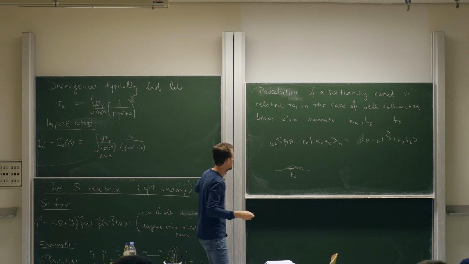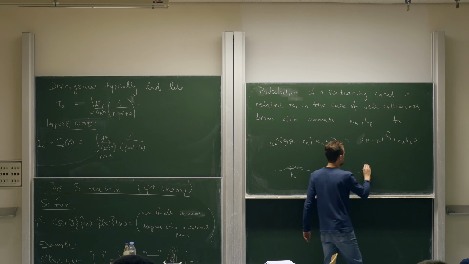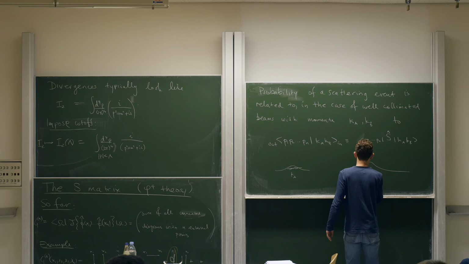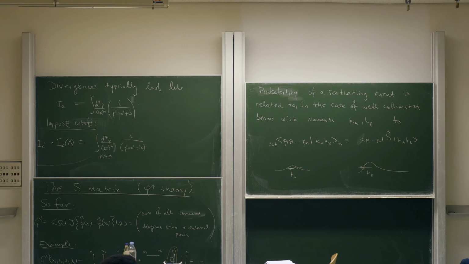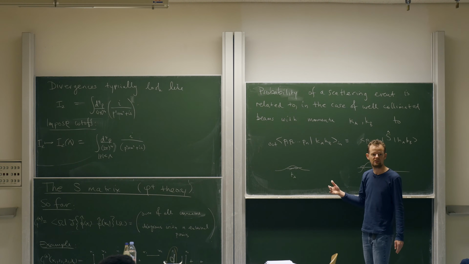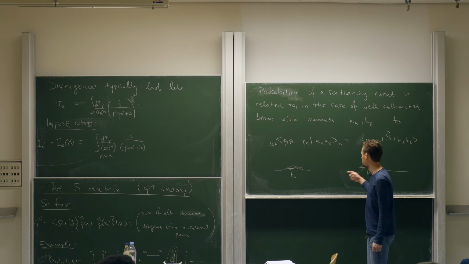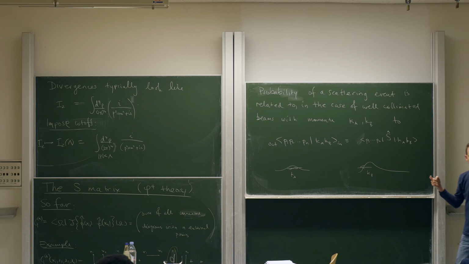You have another bunch of particles flying in the opposite direction, usually also in a well-collimated cylindrical beam at some specific momenta. These particles come in, and at large times in the past, when time is minus infinity, they are well separated and well described by the non-interacting theory.